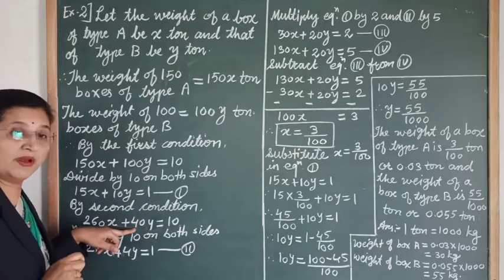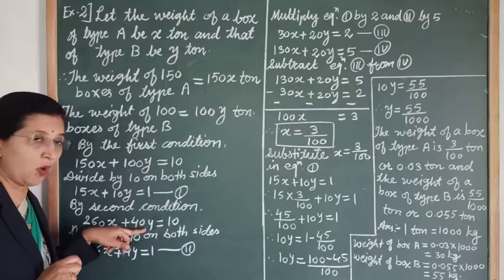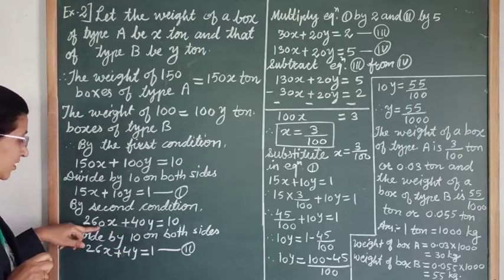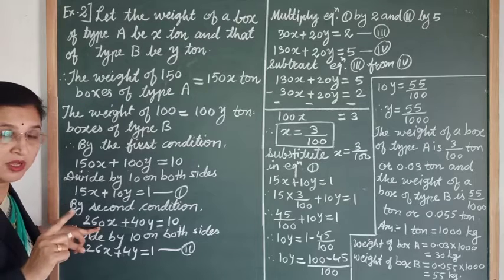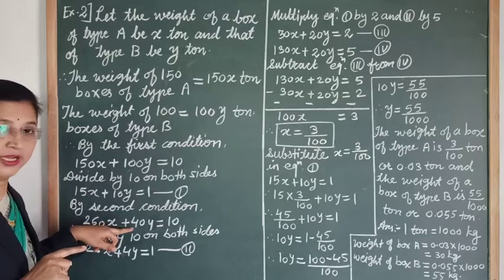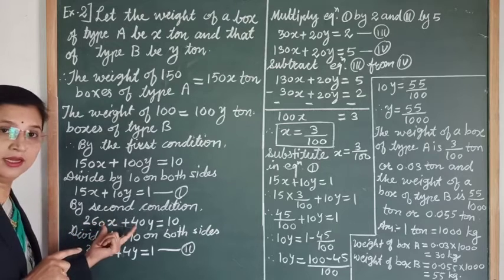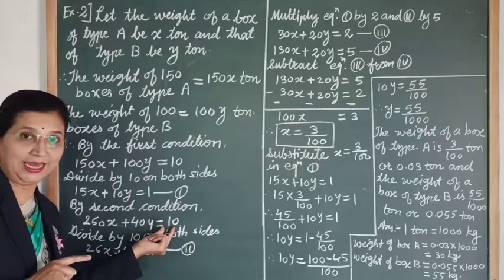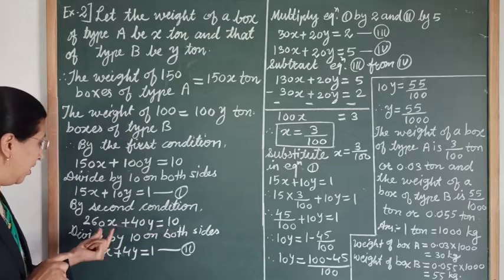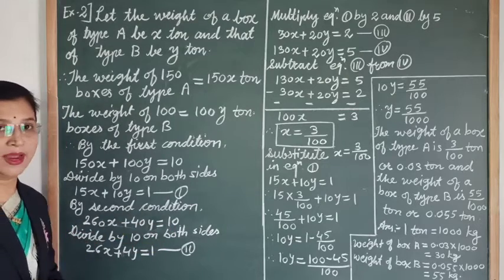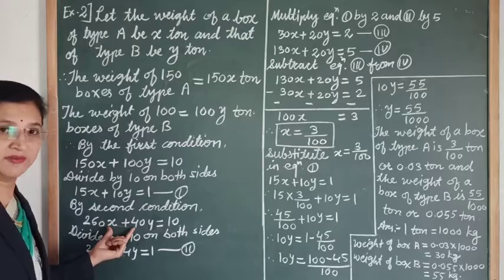B. So what will be their weight? That is 40y. Okay. So 260 is the number of boxes of type A and 40 is the number of boxes of type B. So together it weighs 10 tons. Okay. Now here also we can divide by 10 on both sides so that the equation will reduce.